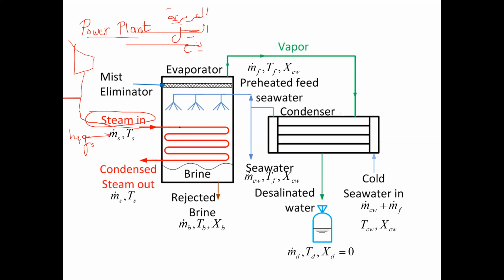This energy is going to heat a thin film of water sprayed on the outer surface of the tubes. So this is seawater, which is sprayed on the outer surface of the tubes. Inside the tubes there is steam, outside it's the seawater. It's going, number one, to sensibly heat the seawater from this temperature to the saturation temperature, and then part of the seawater is going to evaporate. The vapor will rise up here.